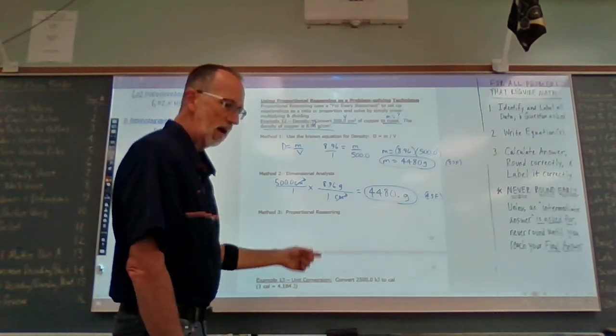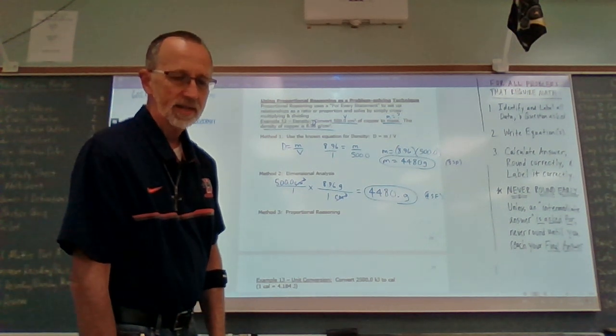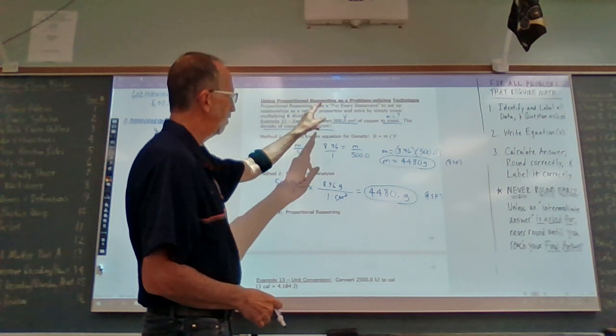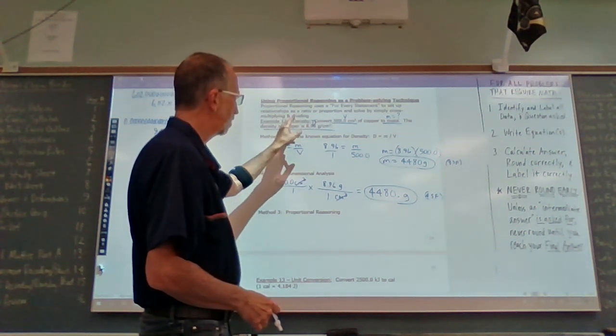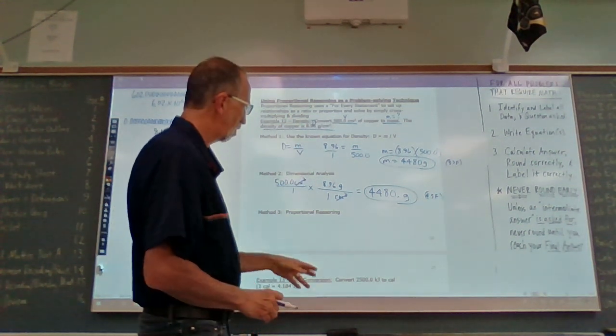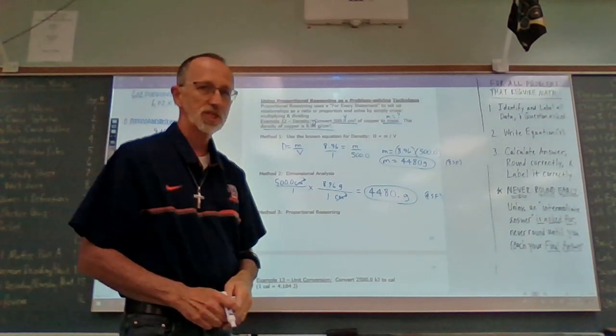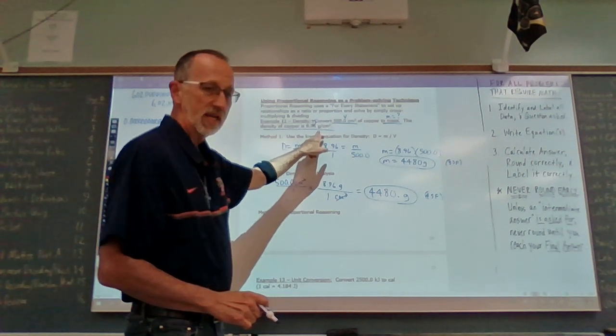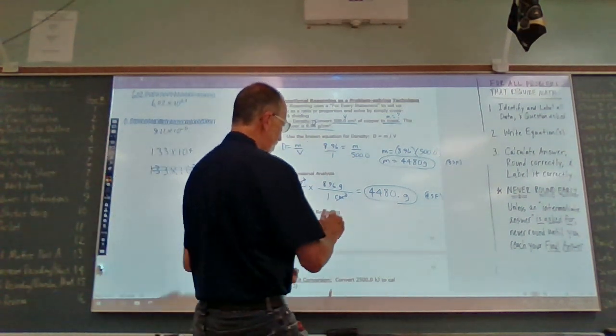And now proportional reasoning. A proportional reasoning uses a "for every" statement to set up a relationship as a ratio or proportion. So our relationship here is the relationship between mass and volume, which is density. So remember how to do this?